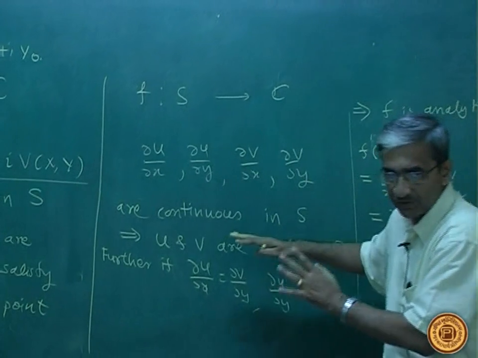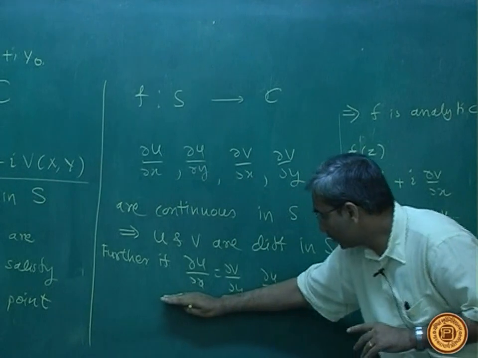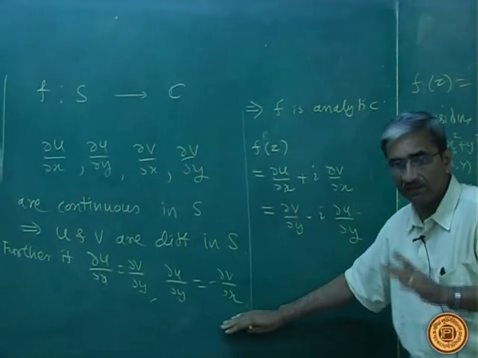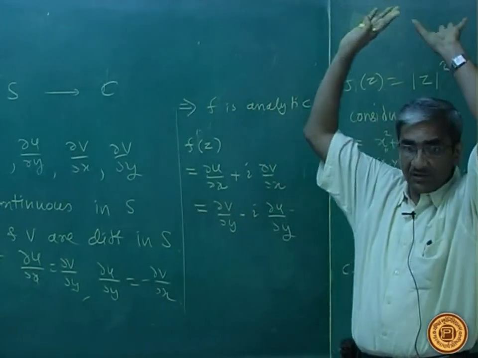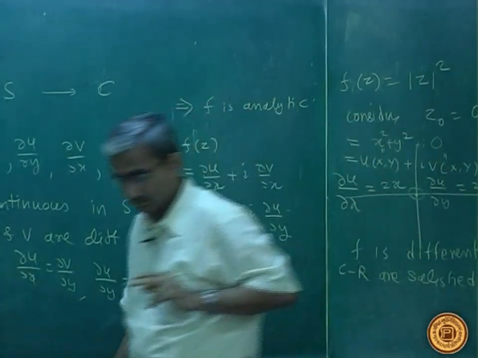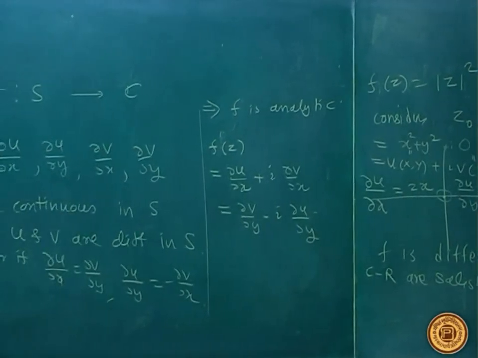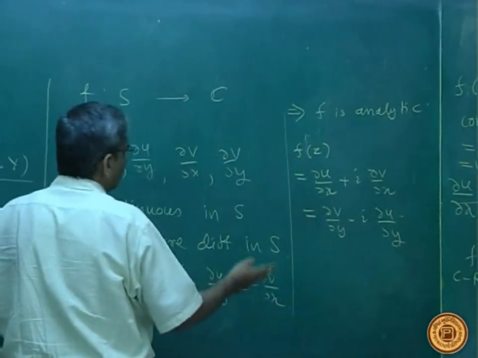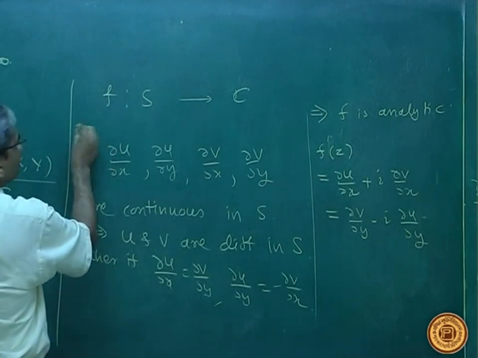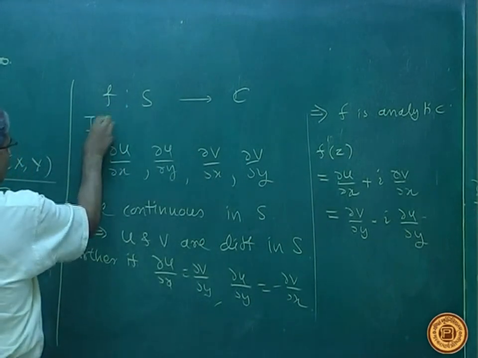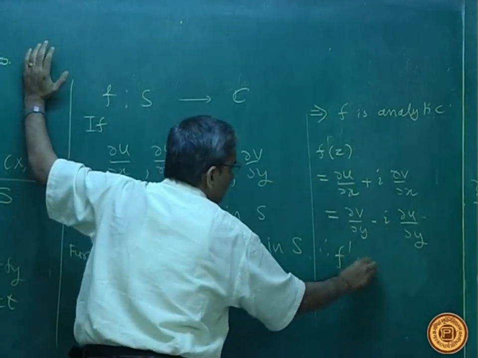Of course, we need Cauchy-Riemann equations, but then if first order partial derivatives are continuous and Cauchy-Riemann equations are satisfied, that not only guarantees that f is analytic, but in fact guarantees that f dash is continuous in S.